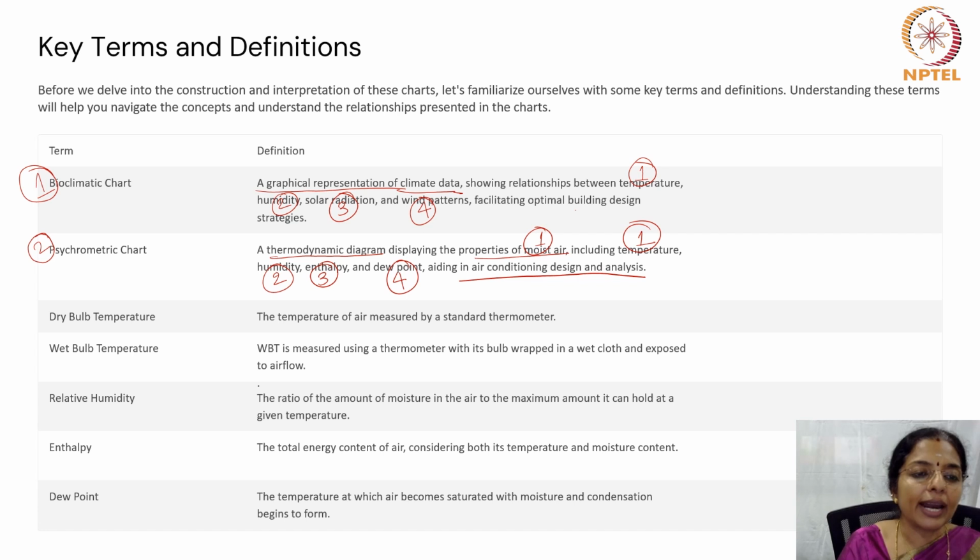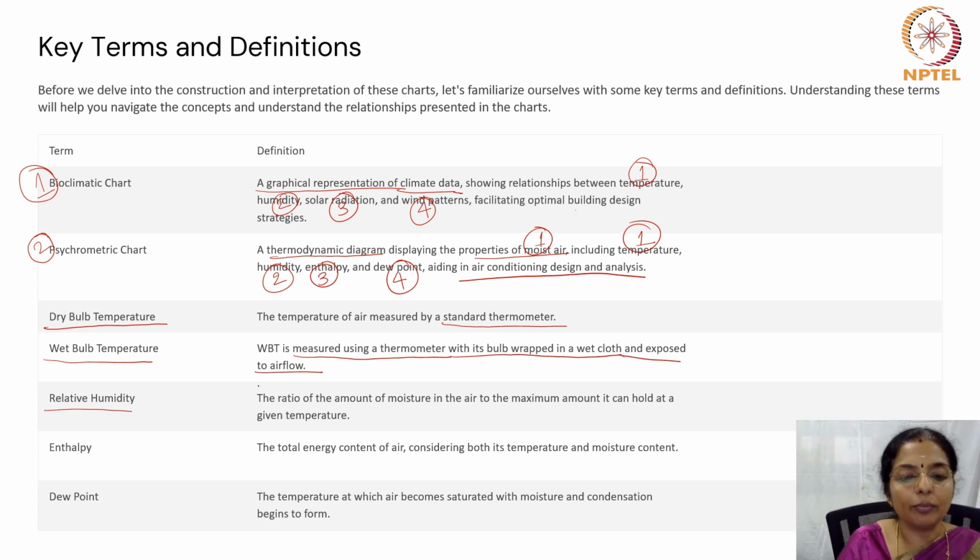Now let us look at what is dry bulb temperature. The temperature of air that is measured by a standard thermometer is the dry bulb temperature. Whereas wet bulb temperature is measured using a thermometer with its bulb wrapped in a wet cloth and exposed to airflow.